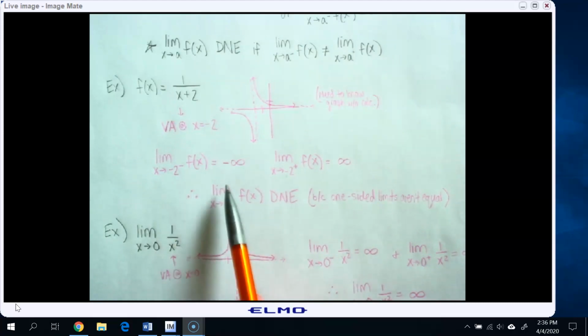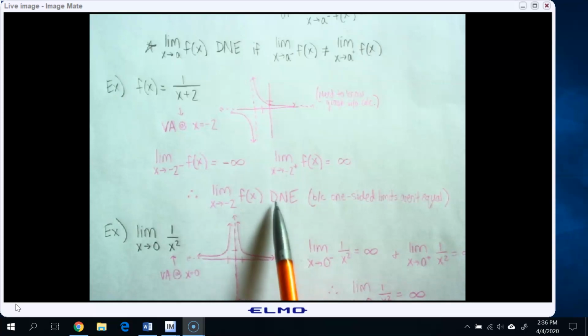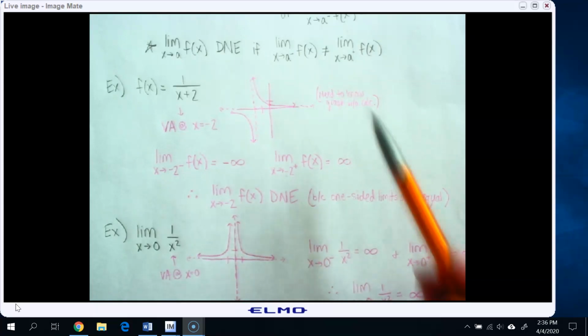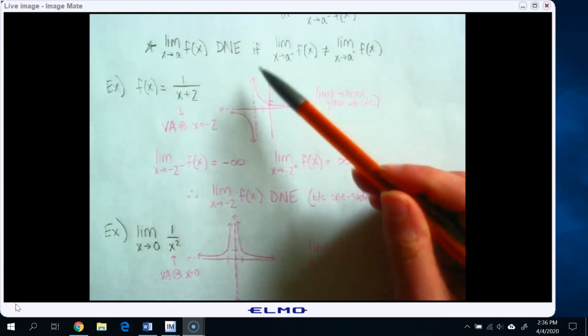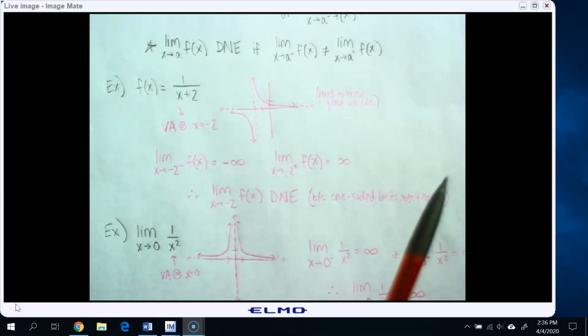So therefore, the limit as x approaches negative 2, with no plus or minus, meaning the two-sided limit, does not exist because those one-sided limits aren't equal. Again, if the answer to a limit is negative or positive infinity, that means there's most likely a vertical asymptote at that number.